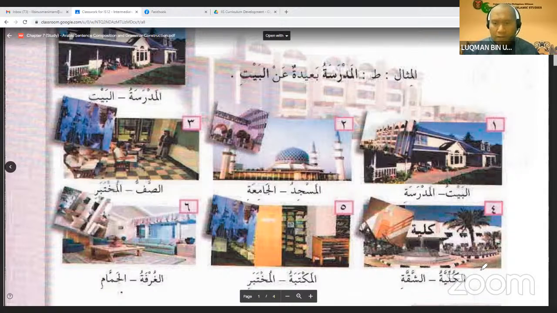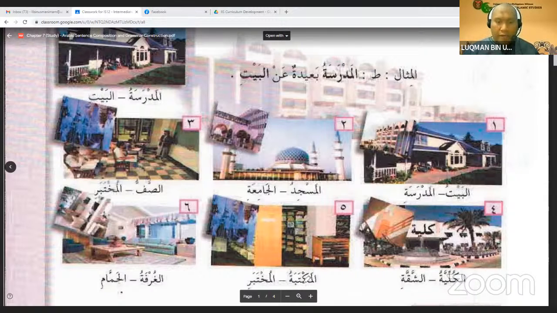In the given 4, 5, 6, the first word is feminine, so you have to retain ba'idatun. It should also have the ta marbuta. Al-kulliyatu ba'idatun anishaqqati. The college is far from the apartment.